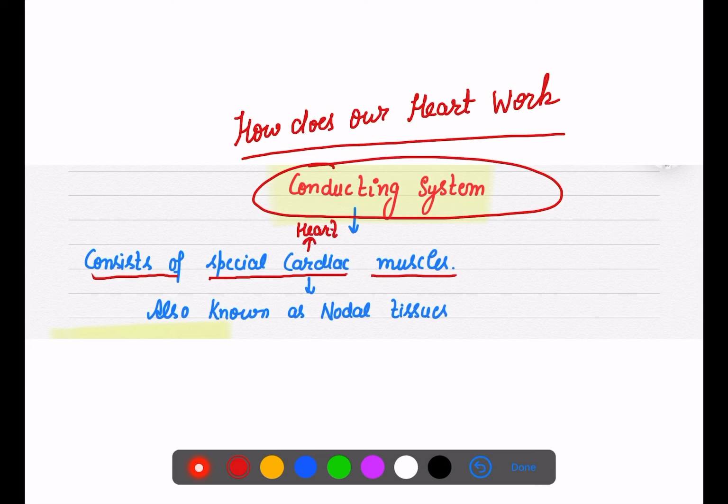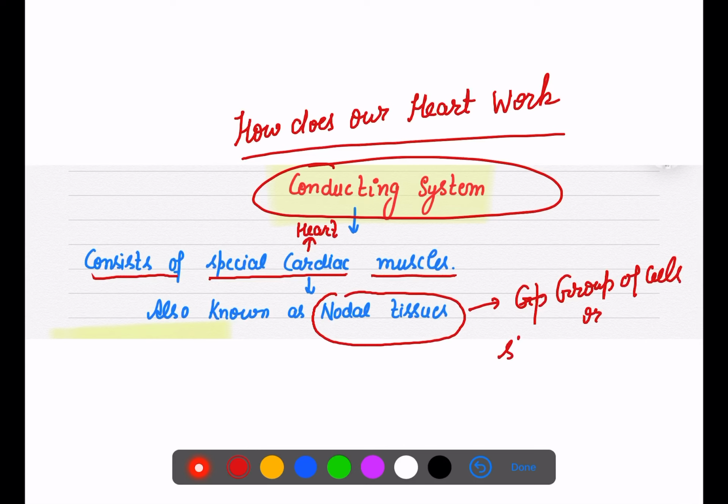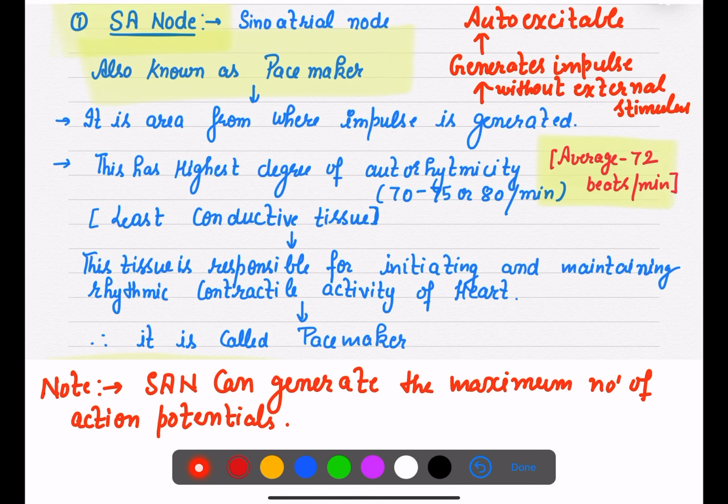These special cardiac muscles are known as nodal tissue. It means there is a group of specialized cells which together are known as nodal tissue. It means the conductive system of the heart works through nodal tissues.